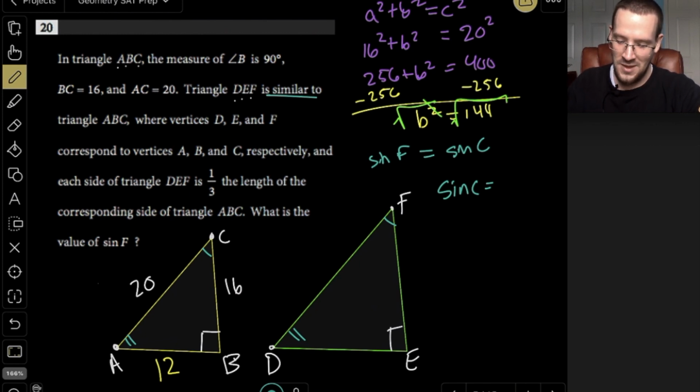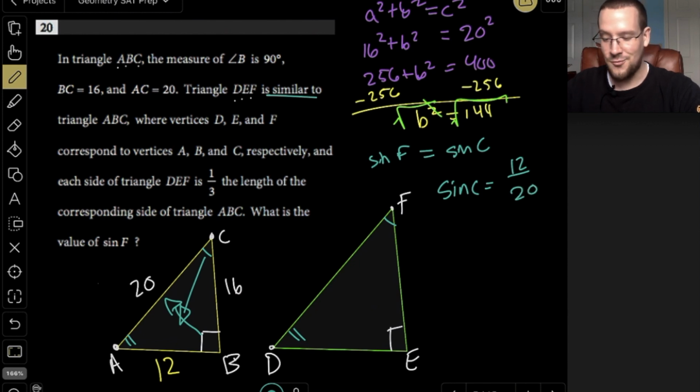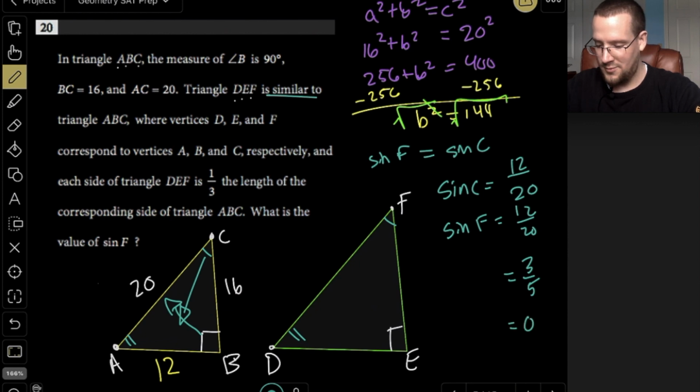So let's look. We have the sine of C is going to be opposite, 12, over hypotenuse, 20. And that's really it. So the sine of F is going to be the same, 12 over 20. This value is 3/5, or 0.6.